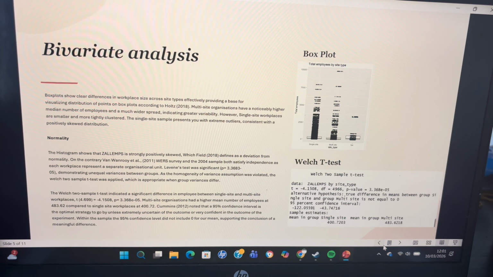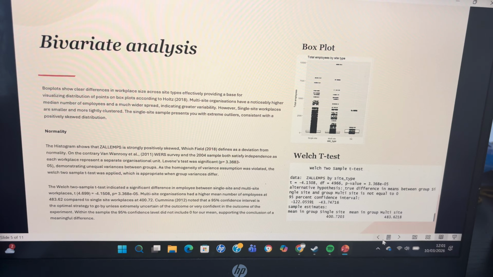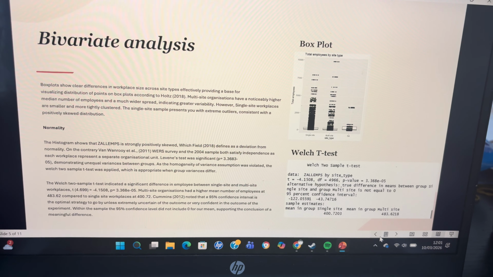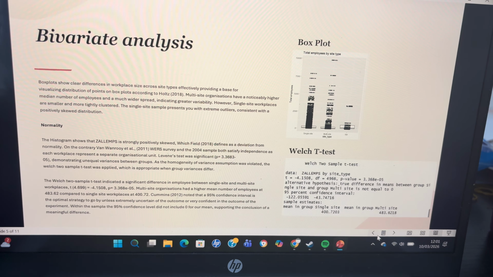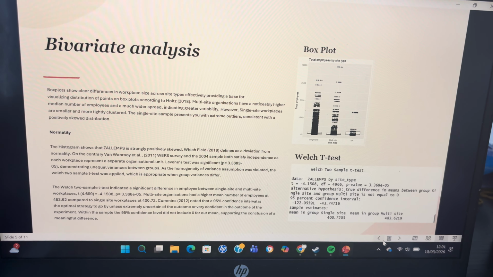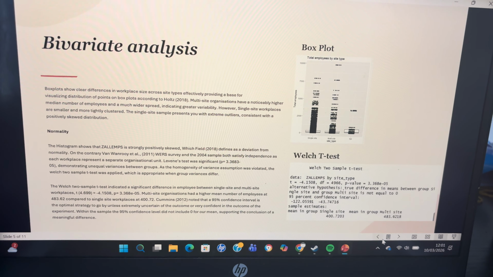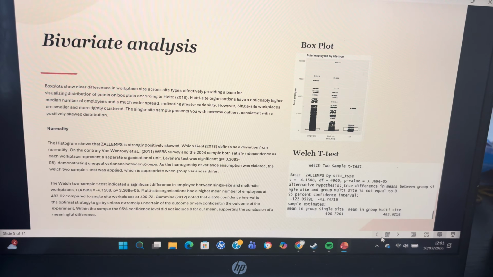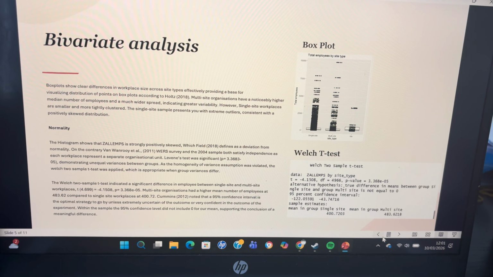The Welch two-sample t-test indicated a significant difference in employees between single-site and multi-site workplaces. Multi-site organizations had a higher mean number of employees at 483.62 compared to single-site at 400.72. Cummins noted that a 95% confidence interval indicates whether we are extremely uncertain of an outcome, or very confident in the outcome of the experiment.